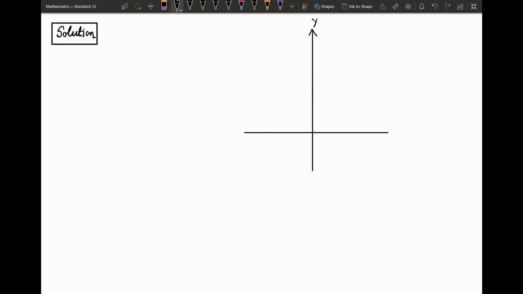So this is the y axis, x axis. So this is the parabola, x square equals 4y; square is positive, so y is positive. So this is the parabola.